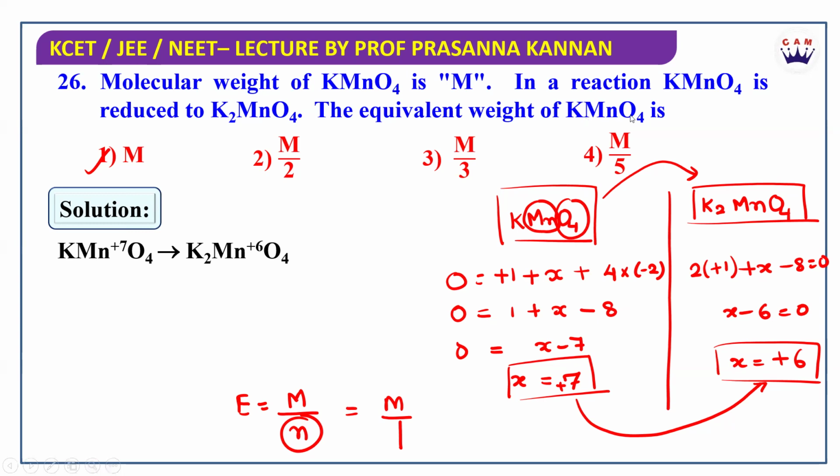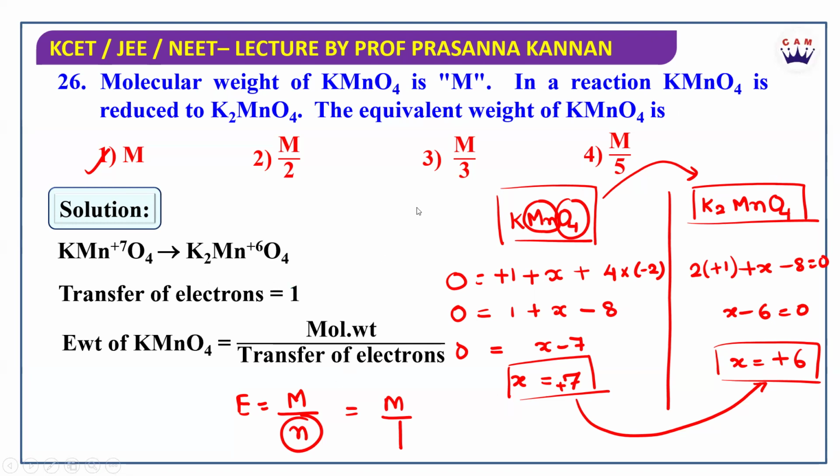In potassium permanganate, KMnO4, oxygen's oxidation state is not changing. It is -2 only. Potassium's oxidation state is also not changing. It is +1. So it is only changing for manganese. That's why we are considering manganese. Is it clear, Evelyn? Yes, sir.